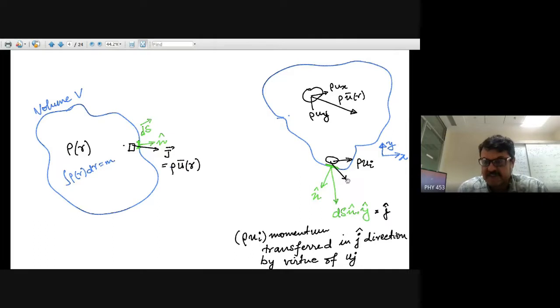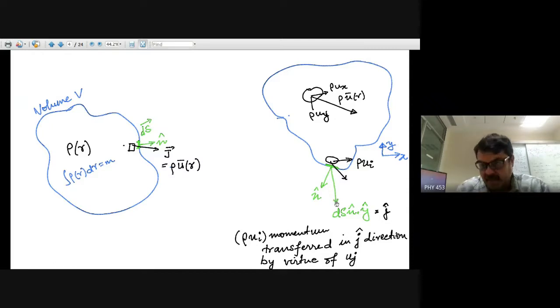As a consequence, we can say that x momentum is passing through this surface in the y direction, because as the fluid passes out, momentum in the x direction is passing out in the y direction.